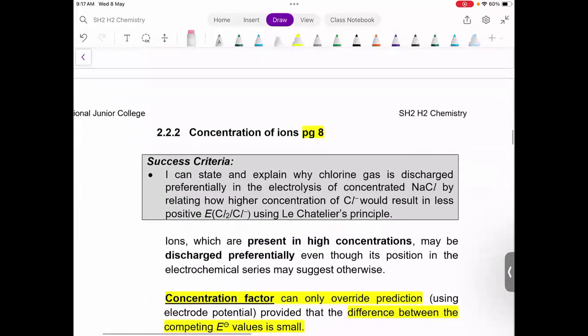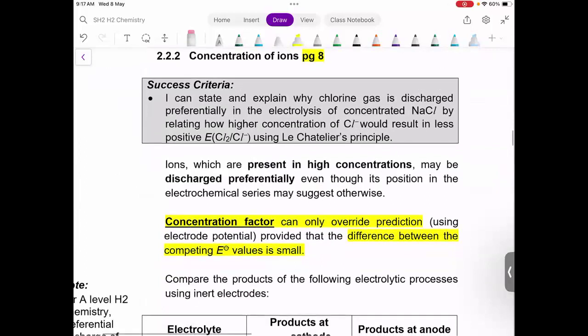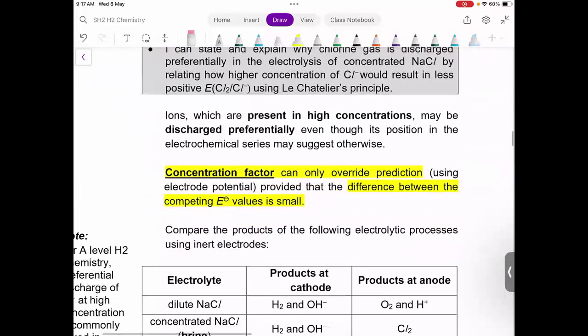Okay, so very quickly, let's look at page 8. What we have done in checkpoint number 1 is we are just considering the species that are present, then choose the species that can undergo discharge based on their E0 values. Now next, for this part, we are going to look at the effect of concentration.